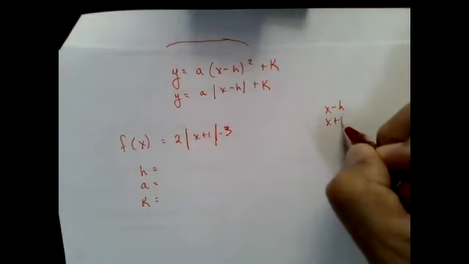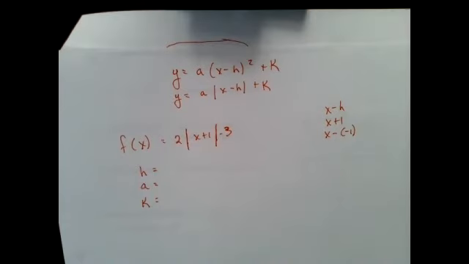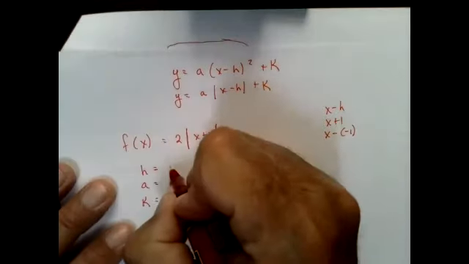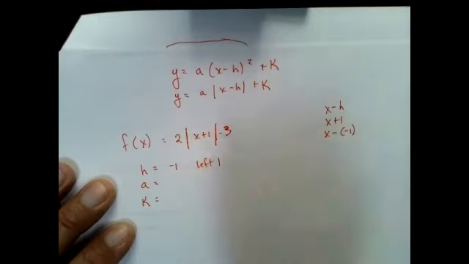So if we have x plus 1, we need to make that x minus -1. Second chance, phone a friend. What's h? -1, right? And that means this guy's going to be shifted left 1.